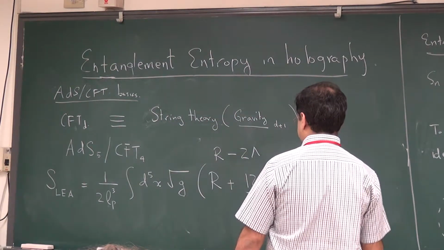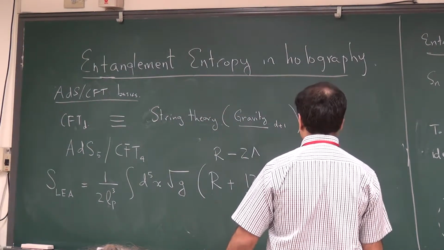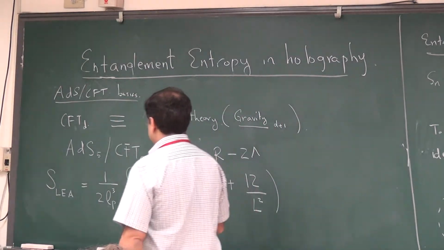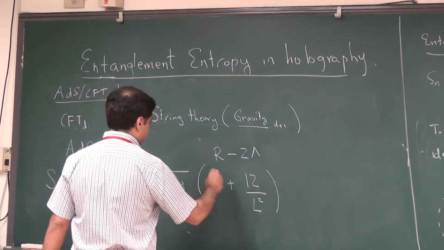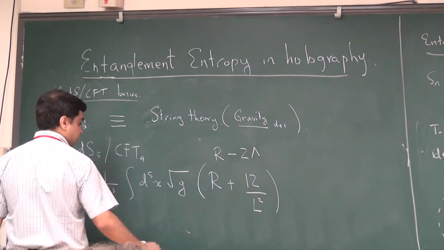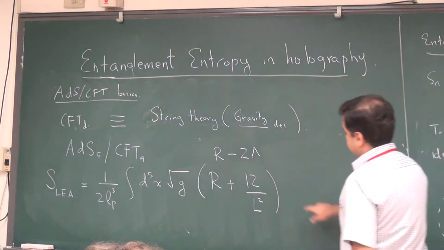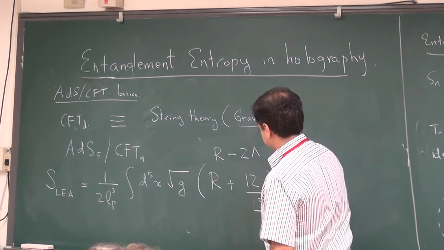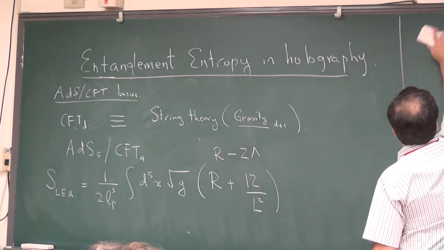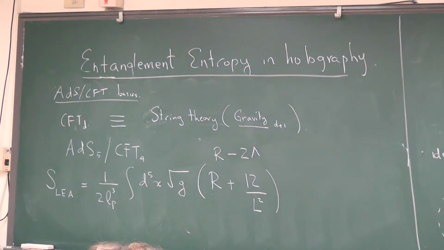If you are very specific about signatures, if I was in Minkowski signature, then I would be in the mostly positive signature conventions. So lambda is negative, that's why I get a plus 12 over L squared. And you can verify that when you write down the equations of motion from this action, you get the following solution.